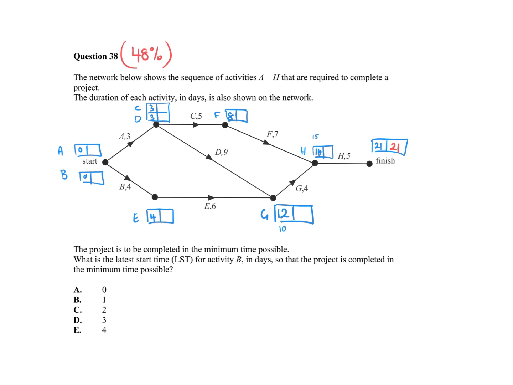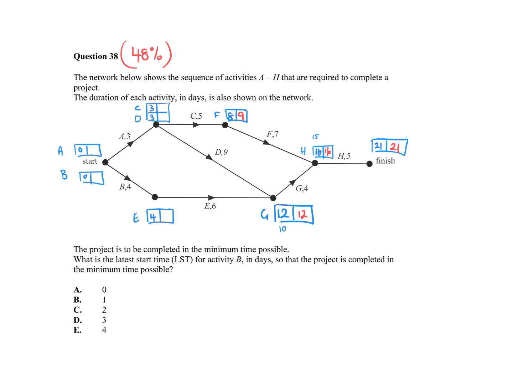So 21 minus 5 is 16. Now, if I'm going backwards via G, 16 minus 4 is 12. Now, if I'm back at H and I go 16 minus 7, what's 16 minus 7? 9. That's why I get a little bit of difference there.